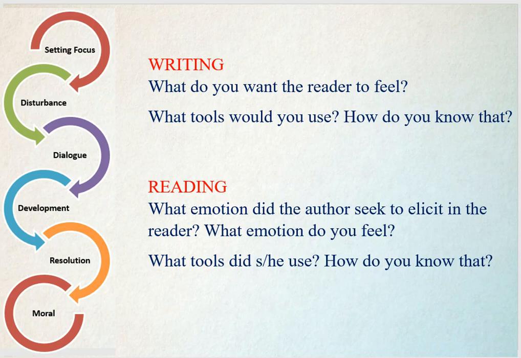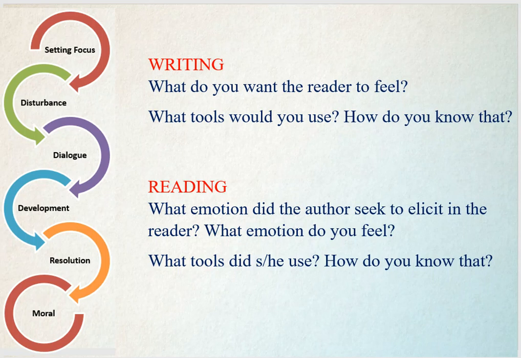So it's very simple. We have a single question, which is, what did the author of a particular text want me to feel? What tools do I believe the author used to make me feel this way?